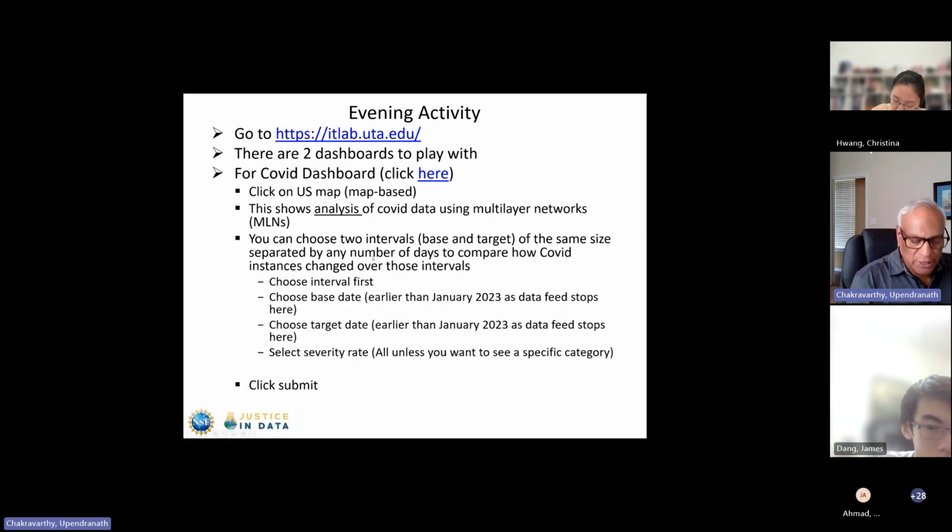You can try 2 things: one where no event is happening, like a long weekend or holidays, and one where an event is happening, to see the difference between them. Choose the base date earlier than January 2023, as we don't have any data on COVID beyond this point. Choose the target date, select severity rate, and click submit.